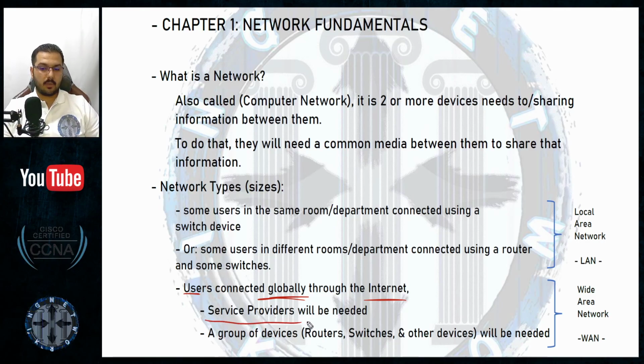So service providers will be needed. These are multiple giant, extremely big companies that give you internet and give your friend the internet, and they are interconnected between them. So they are the reason that your emails are received well and the reply is sent back to you well as well.